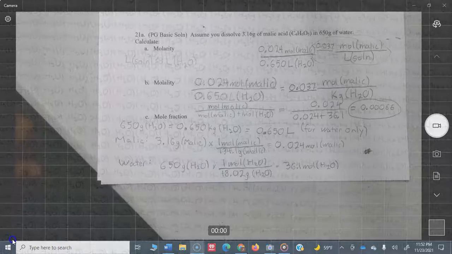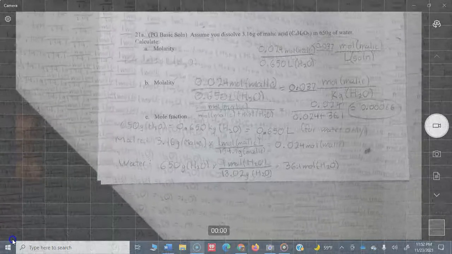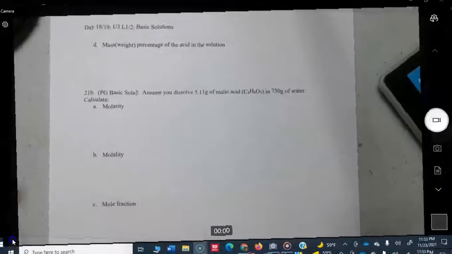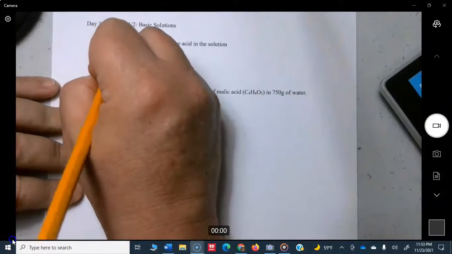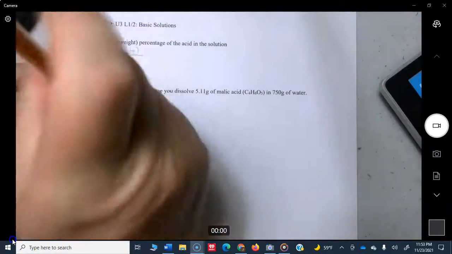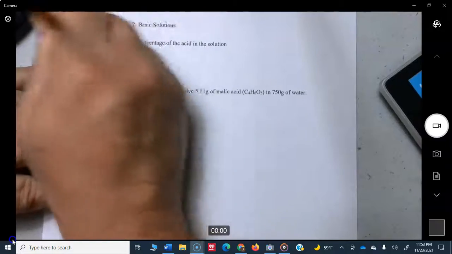Okay, now we go on to the final part of this problem, and it is asking us for the mass percentage. So now we do almost the same thing as with mole fraction, except with grams. And so we have grams of solution.